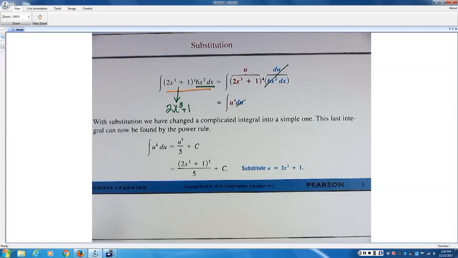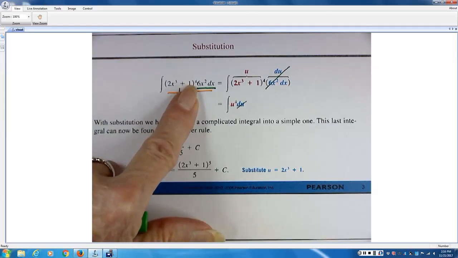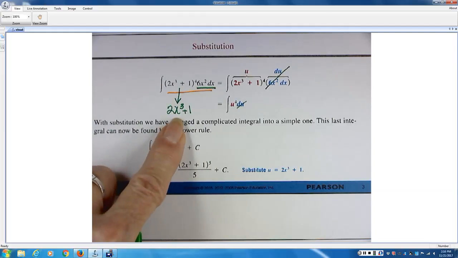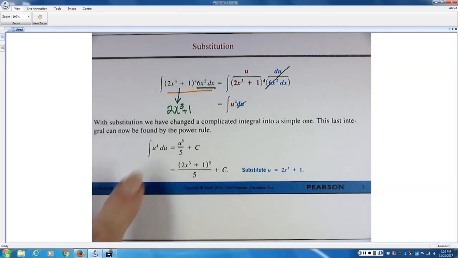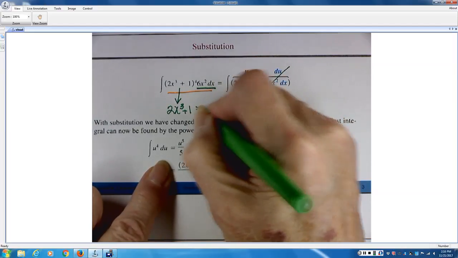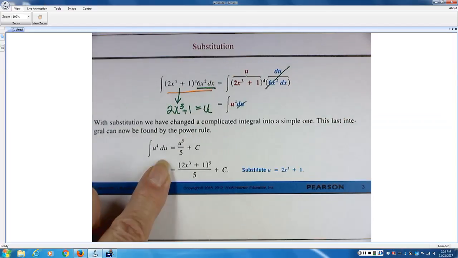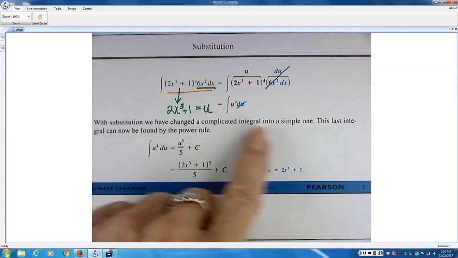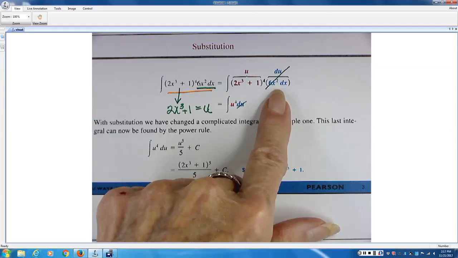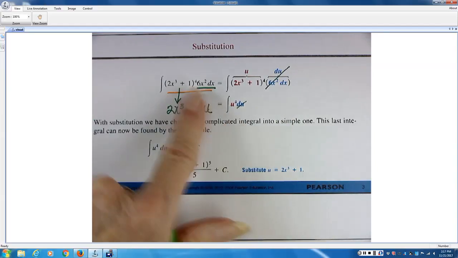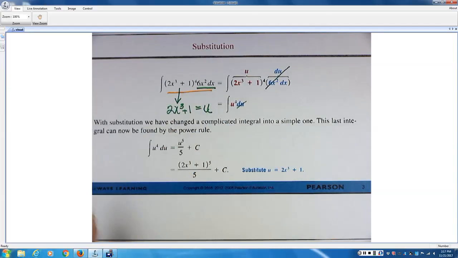And what we're actually going to integrate is a function raised to the fourth power. This is the function, but we're going to ignore it for the time being and just concentrate on the power. So what we do is, and this is why they call this the u substitution, that's being treated as u, and this is the derivative of u, that 6x squared dx.